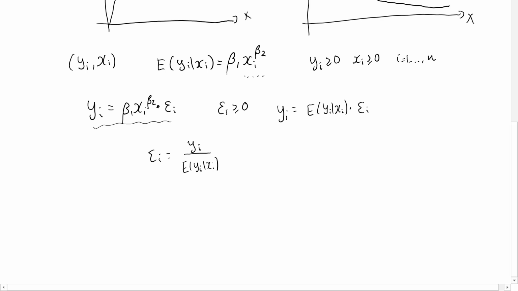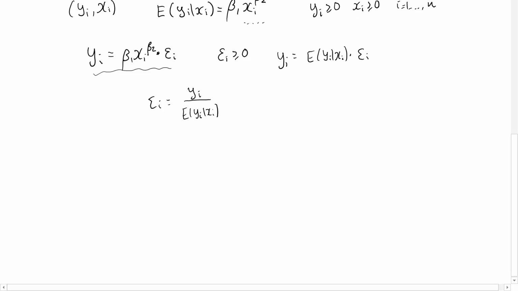But the thing is that we can easily make it into a regression model by simply taking the log of both sides. So I'll just remind you of some of the log rules. If you take the log of a product, it's the sum of the logs.